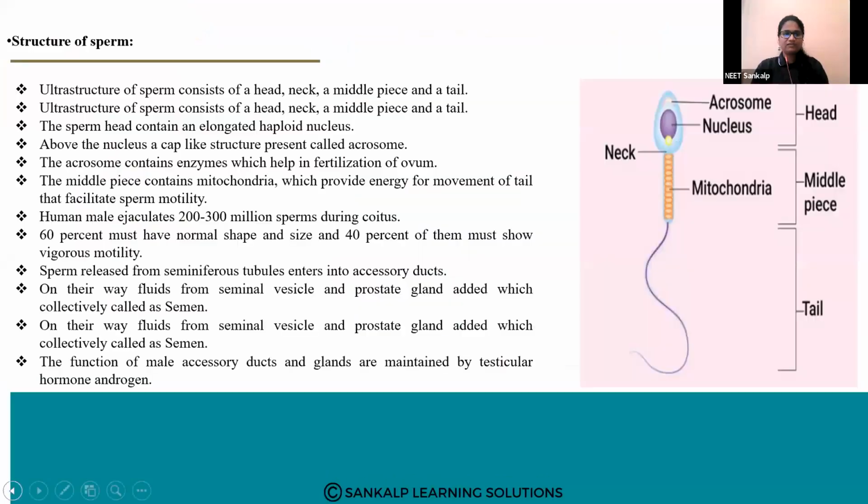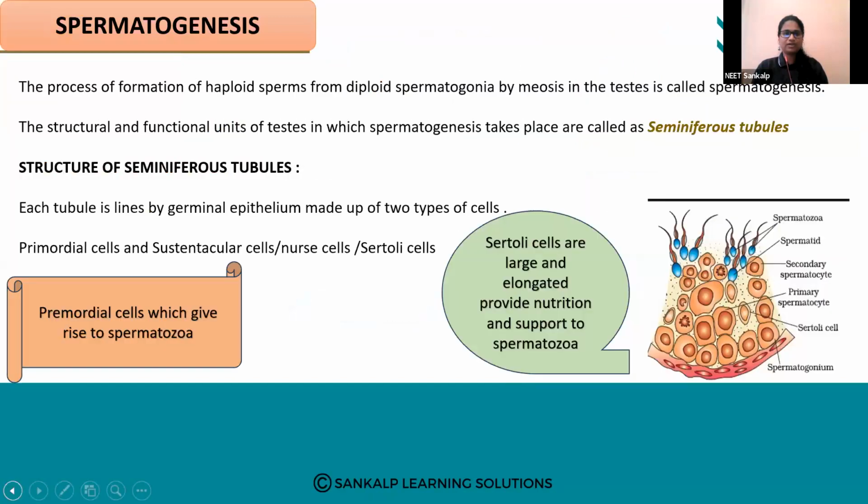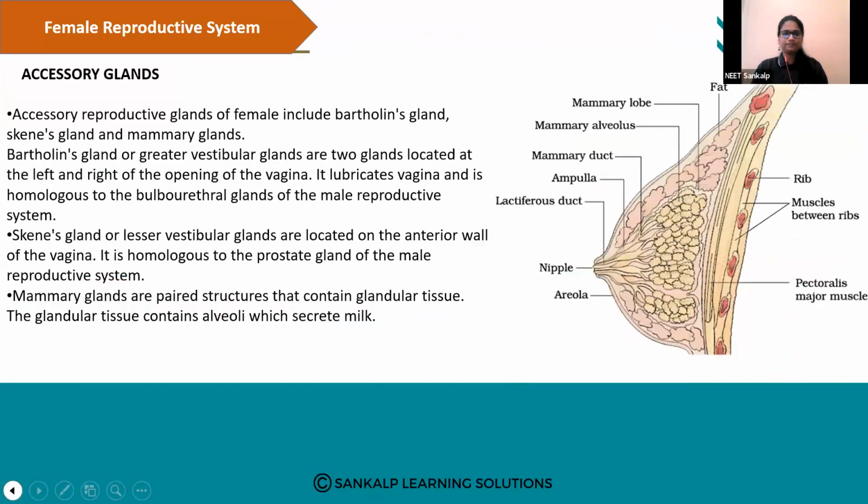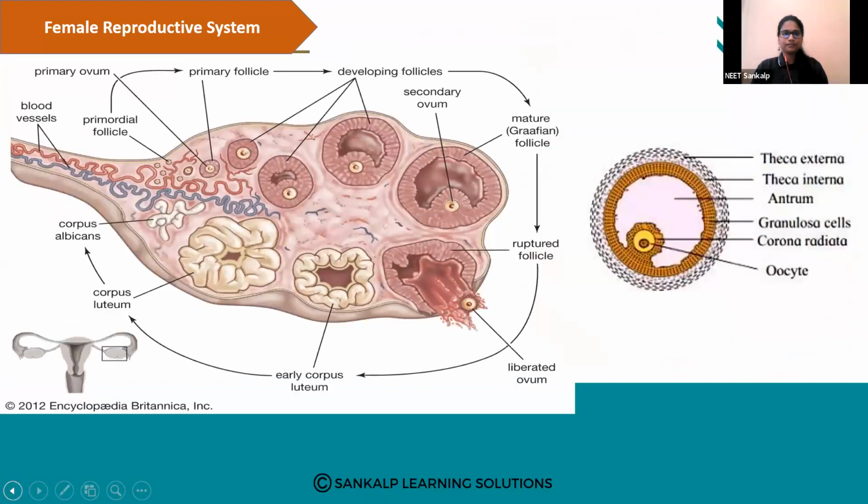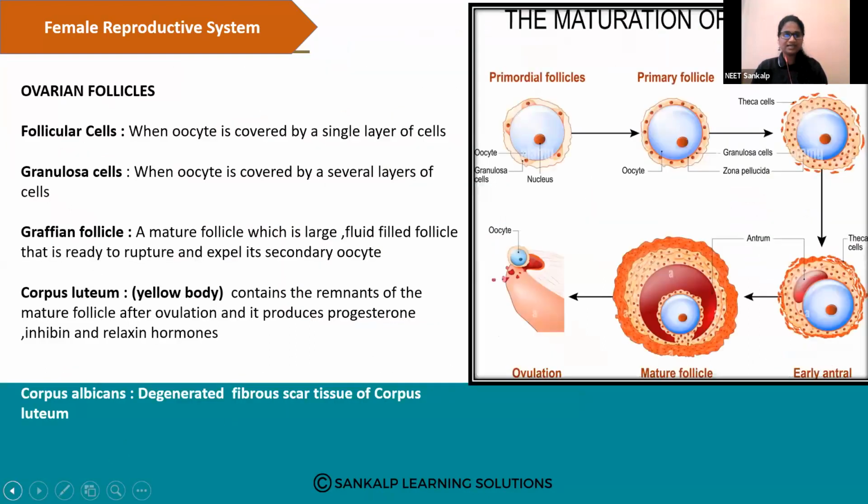This we will learn in the Graafian follicle, that is, the female reproductive system. Primordial follicle, primary follicle, then mature Graafian follicle, ruptured follicle. This is a liberated ovum, and this liberated ovum itself is a secondary oocyte, guys.